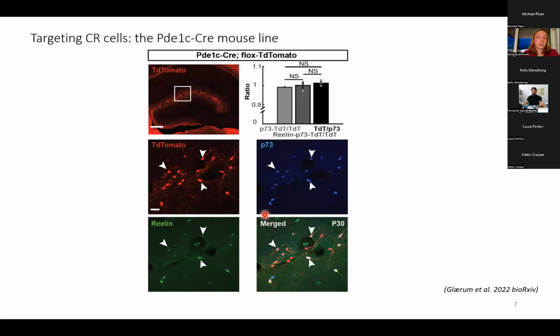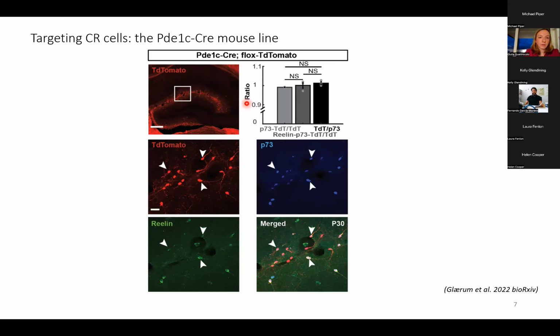And we crossed it with tdTomato as a first thing just to characterize the line, using P73 and reelin, which are two known markers of Cajal-Retzius cells, and really see how good the line was for us in the hippocampus. And we saw pretty much 99.9% overlap between the 3 markers, really showing that this line is very, very good, specific and selective for Cajal-Retzius cells in the hippocampus.